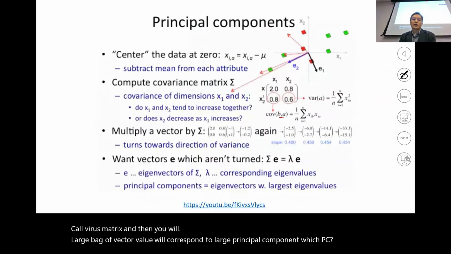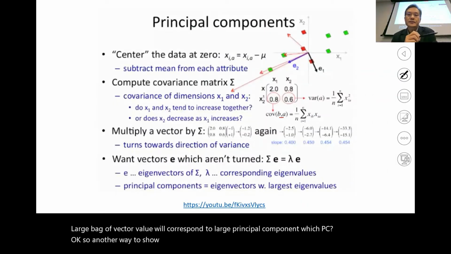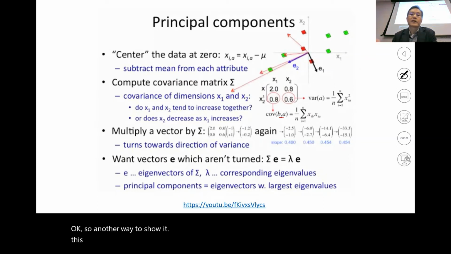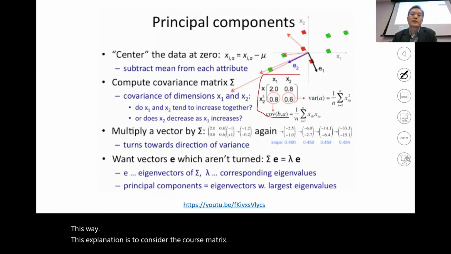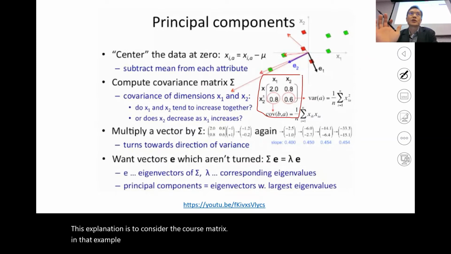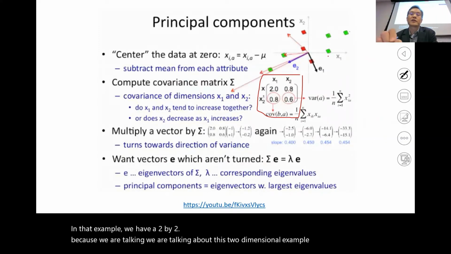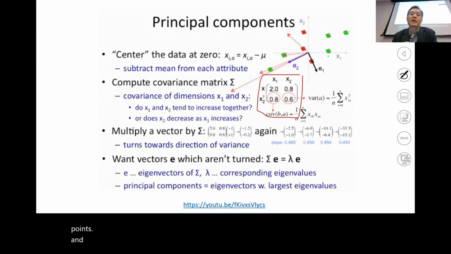Okay, so another way to show it, simply this way, this explanation is to consider the covariance matrix. In that example, we have a 2x2 because we are talking about this two-dimensional example with data points, and then the covariance matrix is a 2x2 matrix.